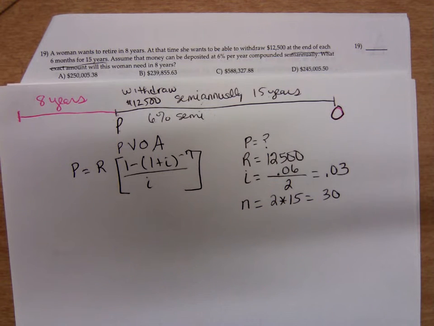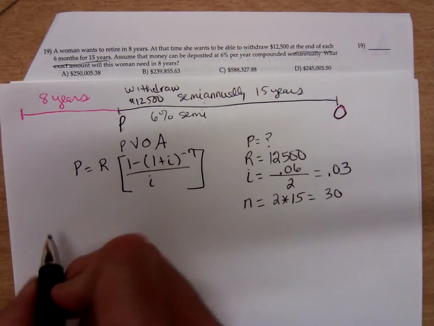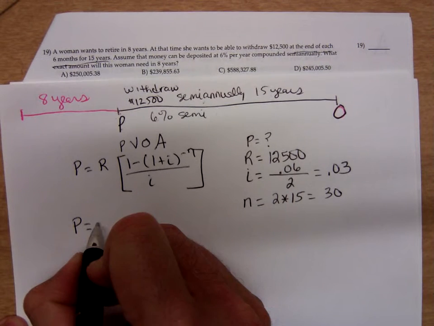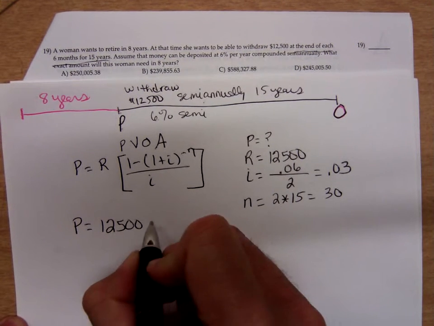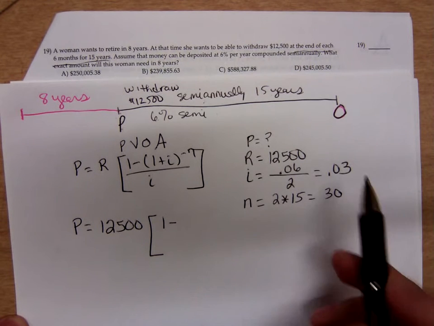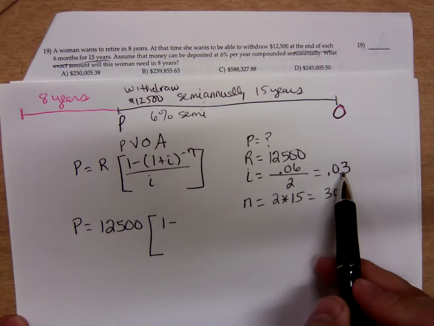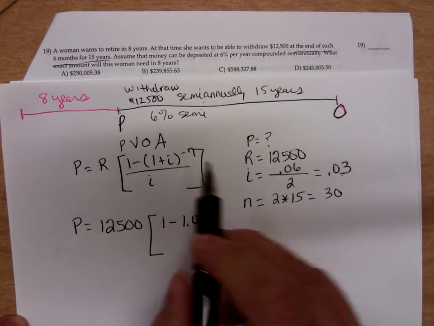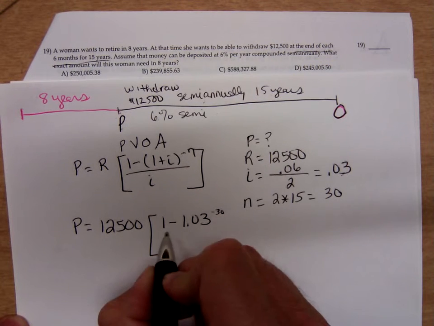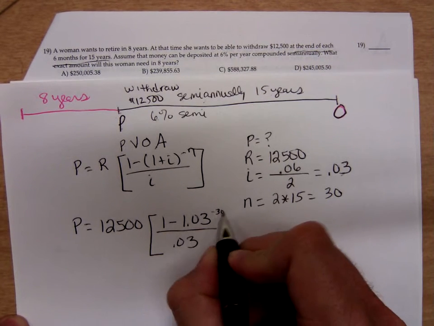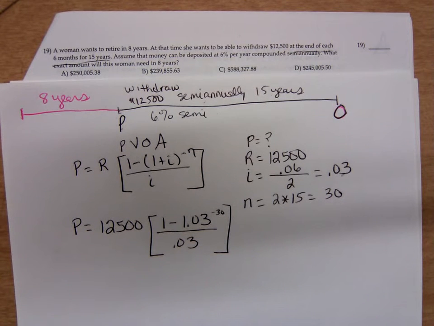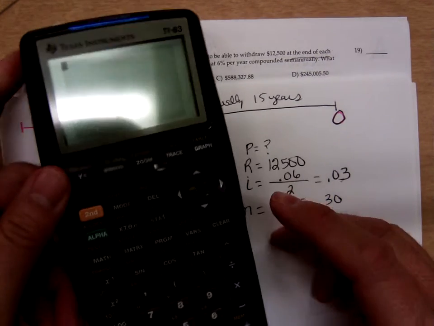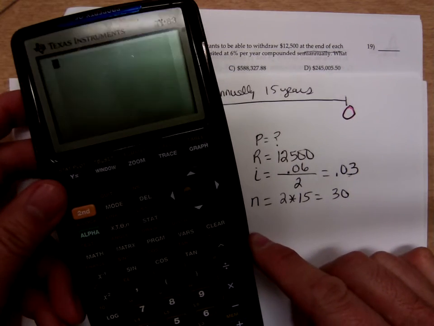So now we'll plug in. P equals R times 1 minus, now the 1 plus I I'll just do in my head, 1 plus 0.03 is 1.03 to the negative n, all over I. Let me see. Did I bring a calculator? Here it is. Oh, a bit of a glare.